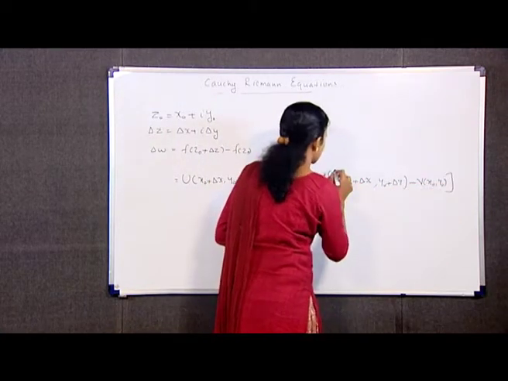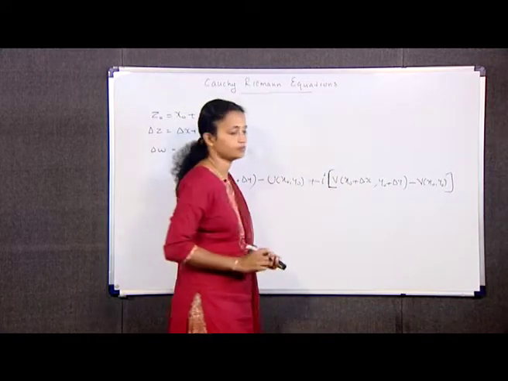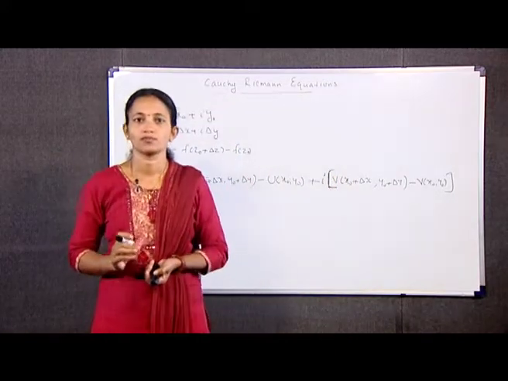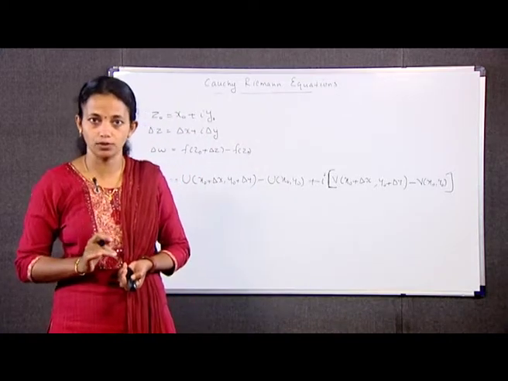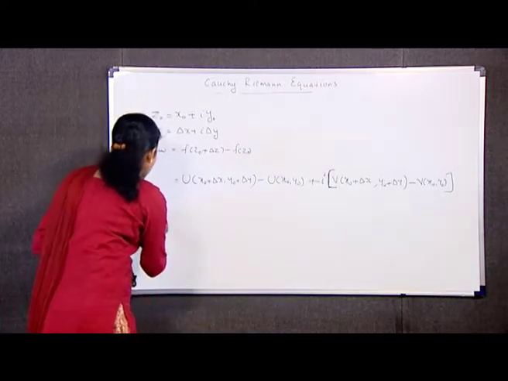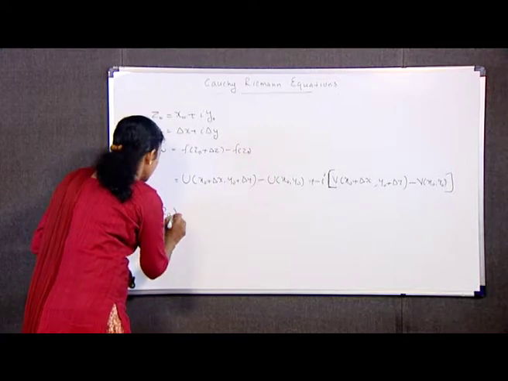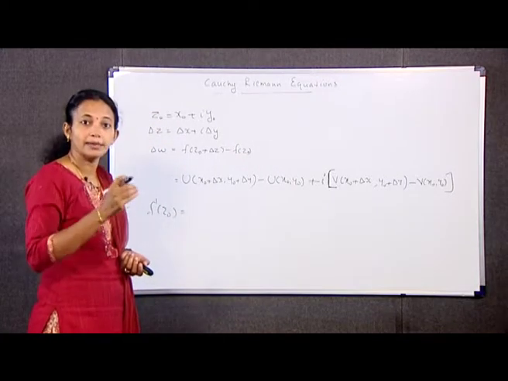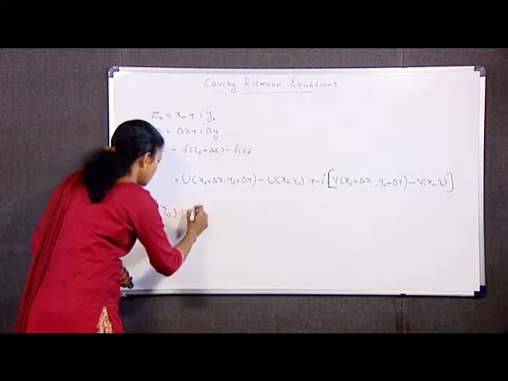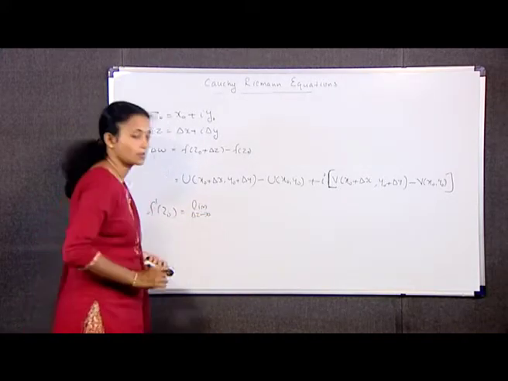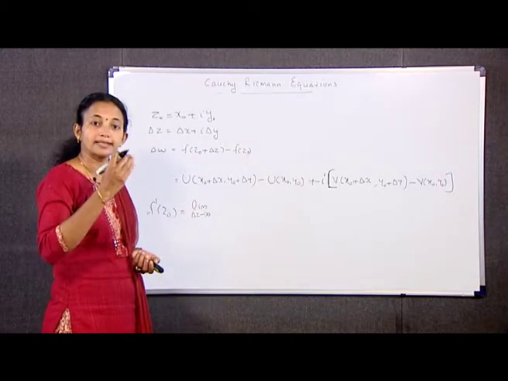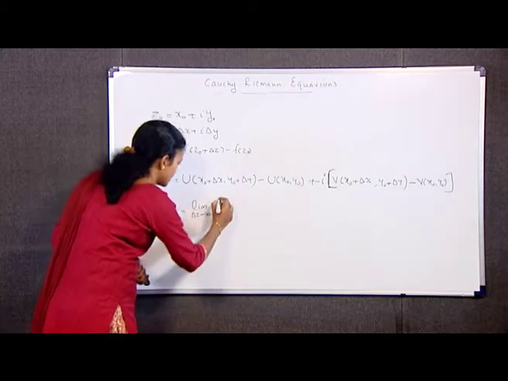Here we have the brackets. As the derivative f'(z0) exists, we can write f'(z0) as the limit as delta z tends to 0 of delta w by delta z.